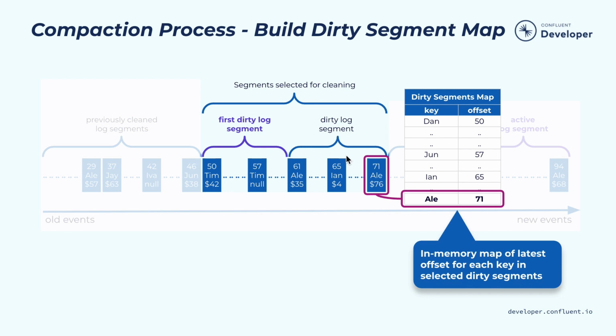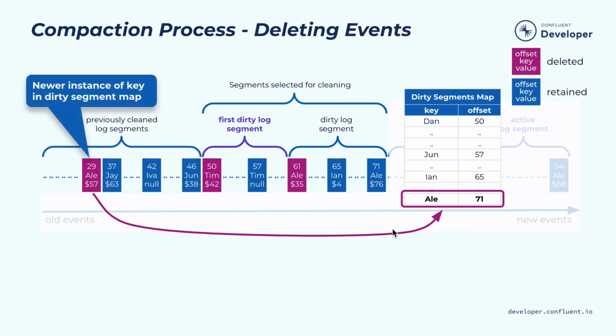After all the segments have been loaded and the offset map has been built, we go through the actual cleaning phase. In this phase, we scan from the very beginning of the log, including the cleaned portion and those previously loaded dirty segments. As we scan through each record, we use the key in the record to do a lookup in this offset map.